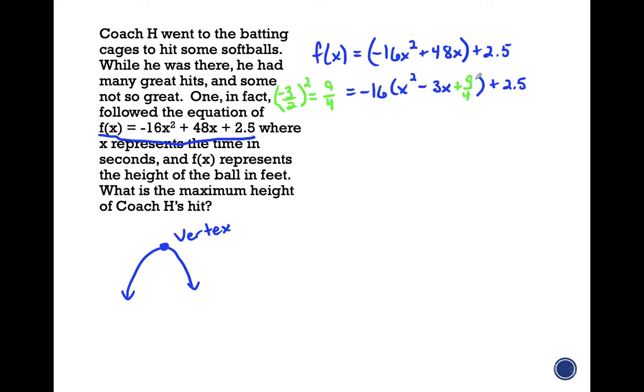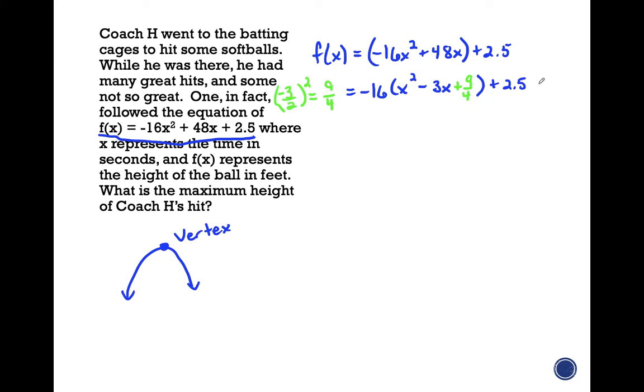Now again, remember, we didn't really add in a 9/4. What I really added in was 9/4 times a negative 16. So if I take 9/4 times a negative 16, what I'm going to end up with is a negative 36.